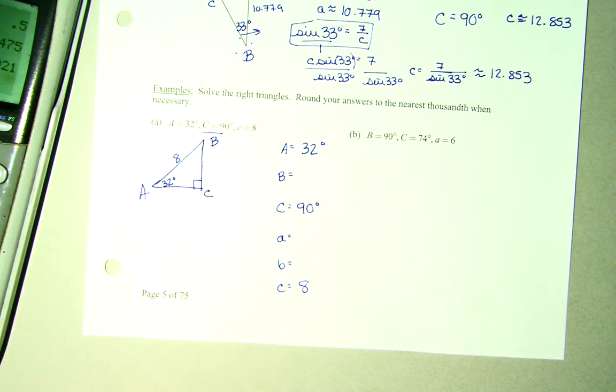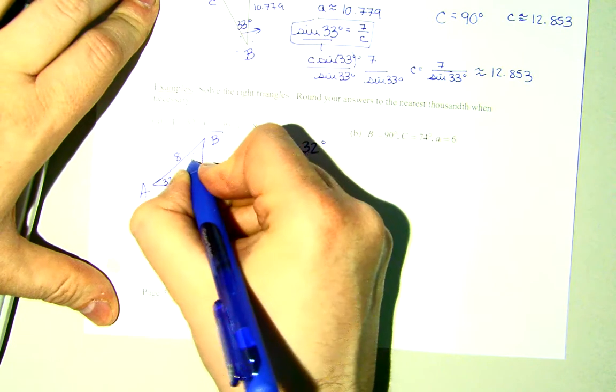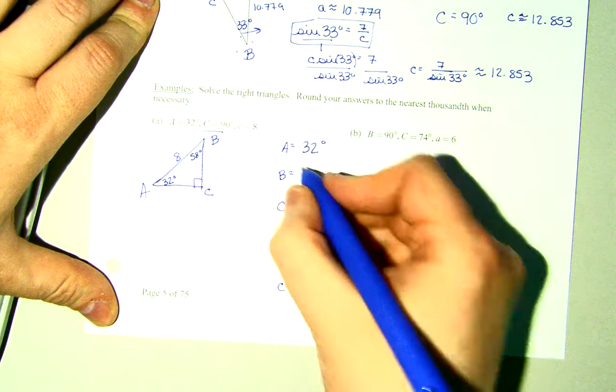What is capital B? 180 minus 90 minus 32, 58 degrees.